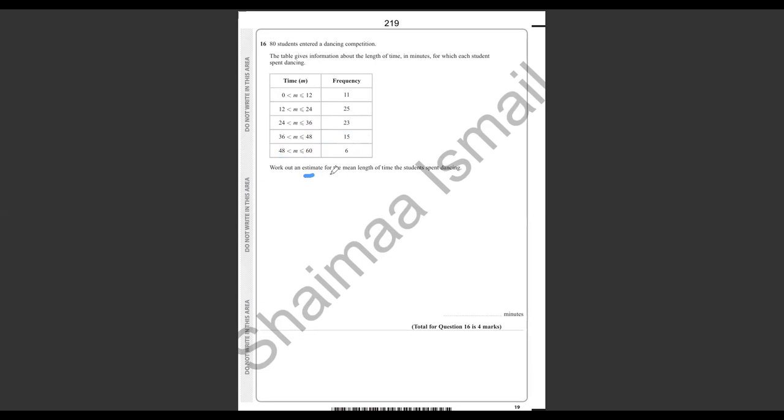Okay, we can estimate the mean for the length. What we do, we have the mid interval here, which we can write right here beside the frequency.